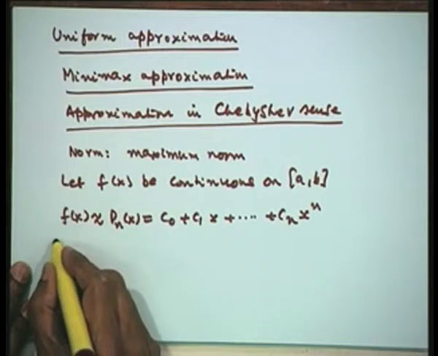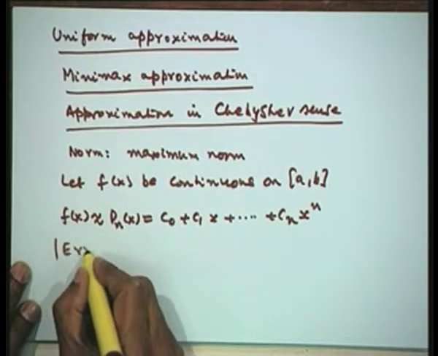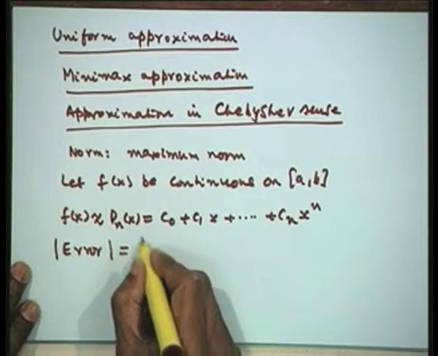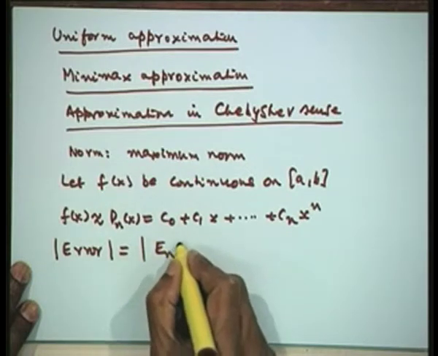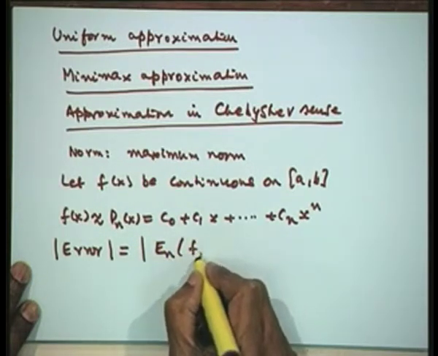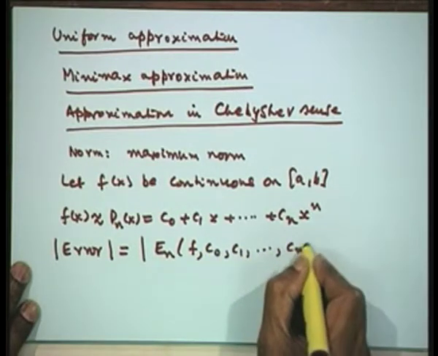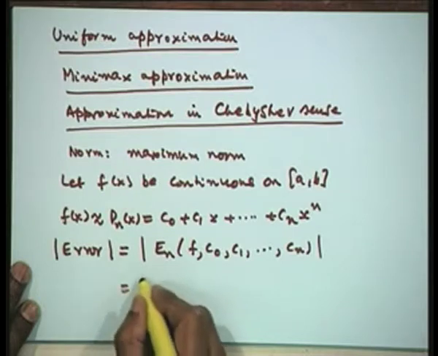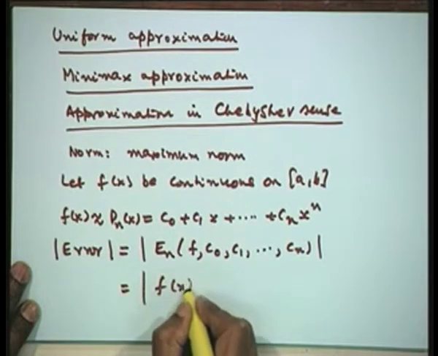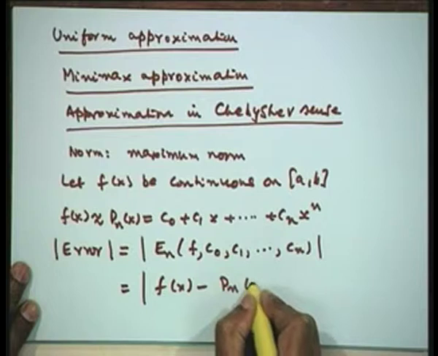Now, let us write down what the error is. The magnitude of the error, e with suffix n to denote the degree of the polynomial approximation, is equal to f(x) minus p_n(x).